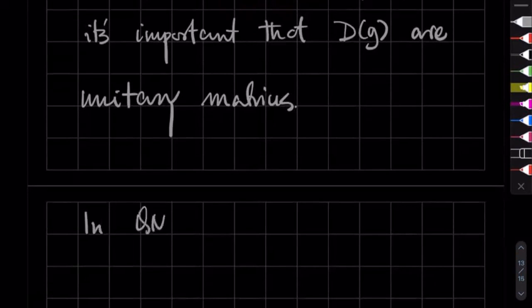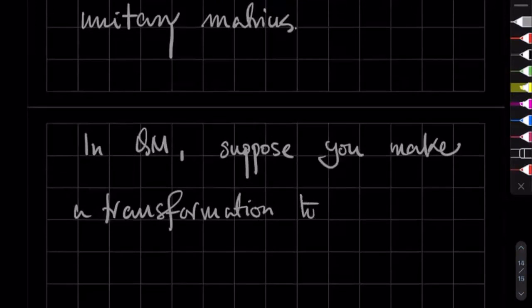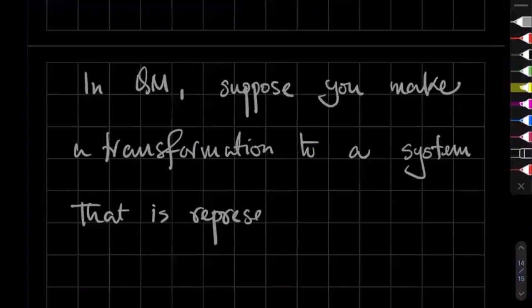So in quantum mechanics, suppose you make a transformation to a system, and the transformation is represented by some group element in some group.